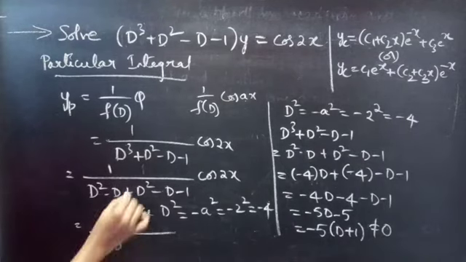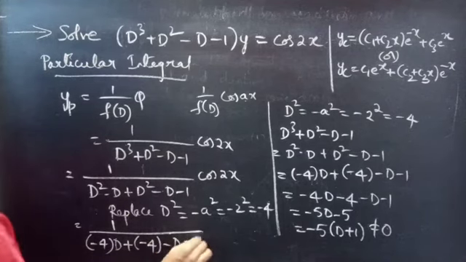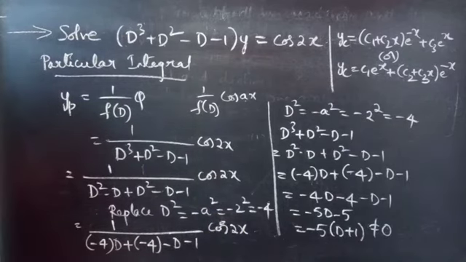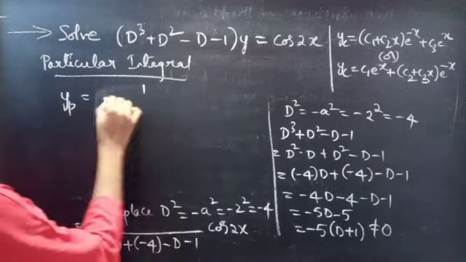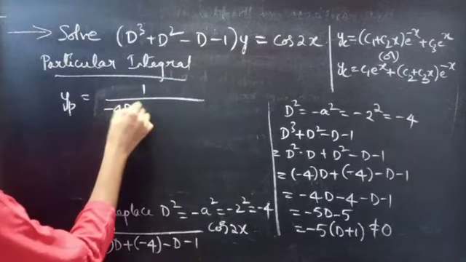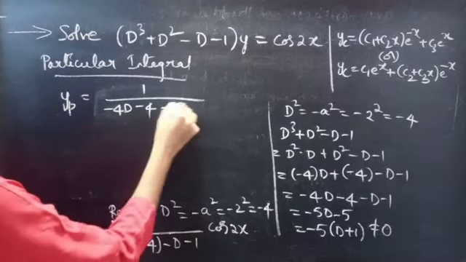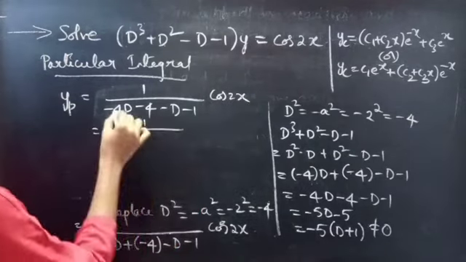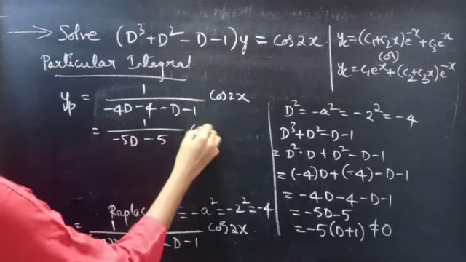Into d plus, replace d square by minus 4, minus d minus 1 into cos 2x. This becomes 1 by minus 4d plus minus 4 minus d minus 1 into cos 2x, which is equals to 1 by minus 4d minus d is minus 5d, minus 4 minus 1 is minus 5, into cos 2x.